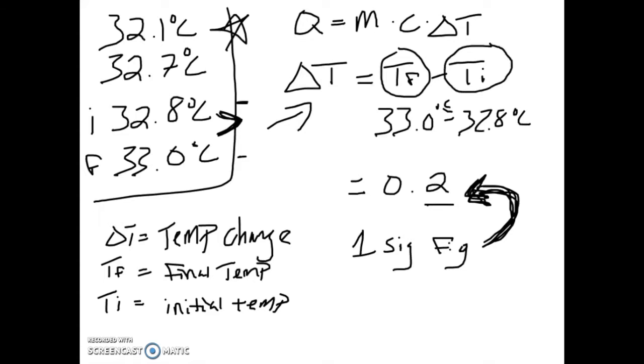And that'll lead us here to an answer of 0.2, which means there's one significant figure. These other two numbers are irrelevant because this is the initial one and this is the final.